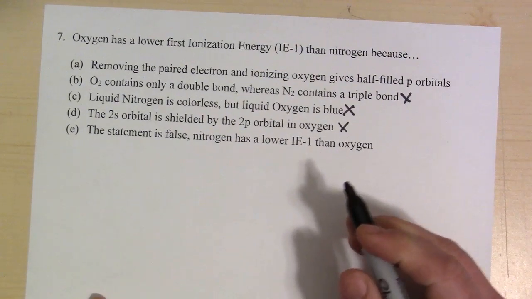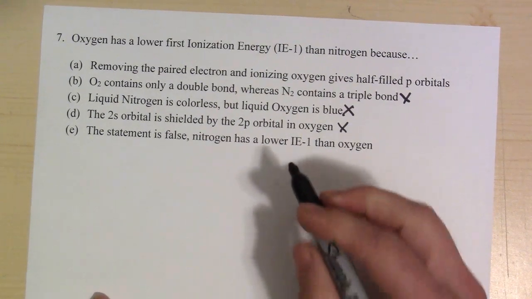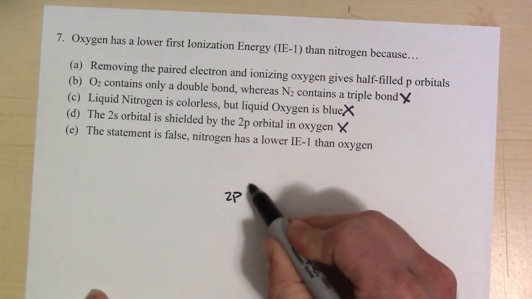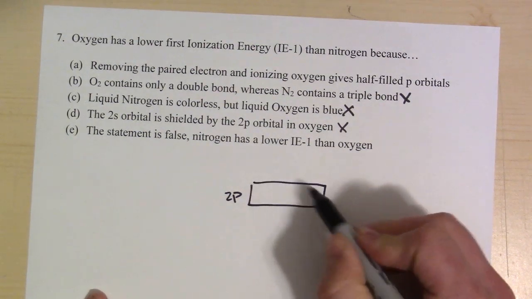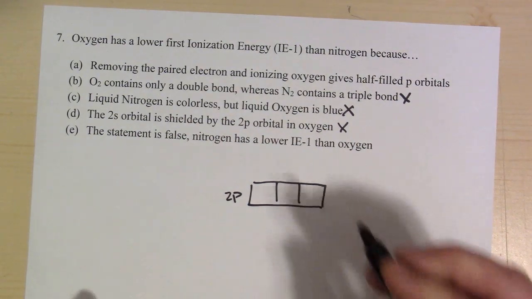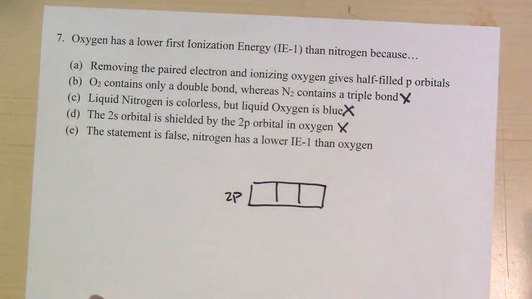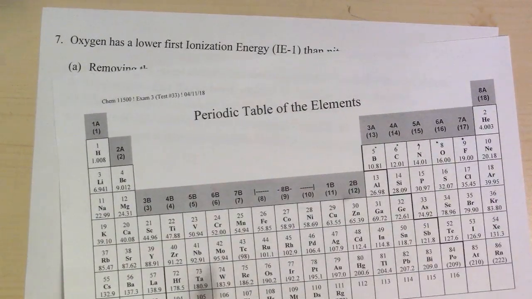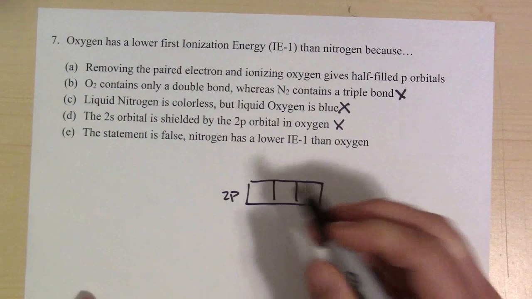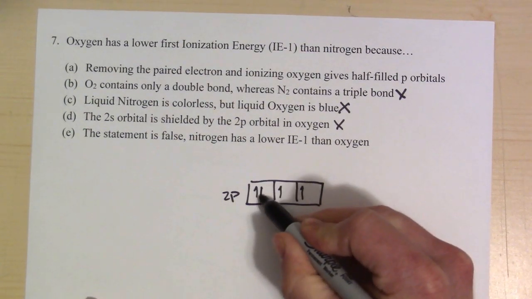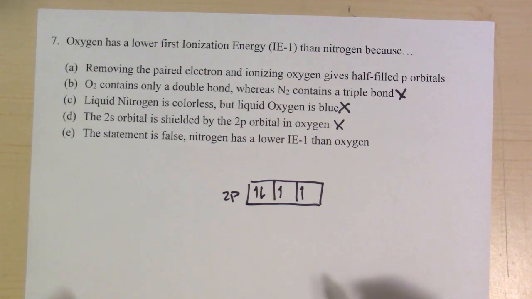So if we look at the 2p electrons of oxygen, so these represent the 2p orbital, and then oxygen being the 4th atom in that p orbital, it'll have 4 2p electrons.